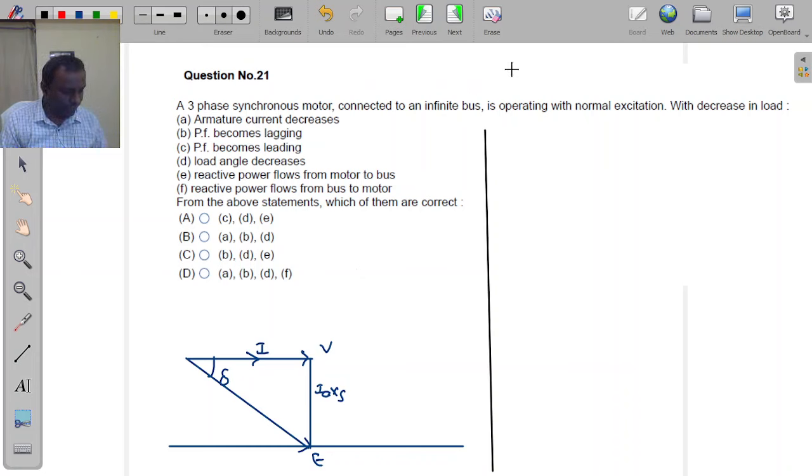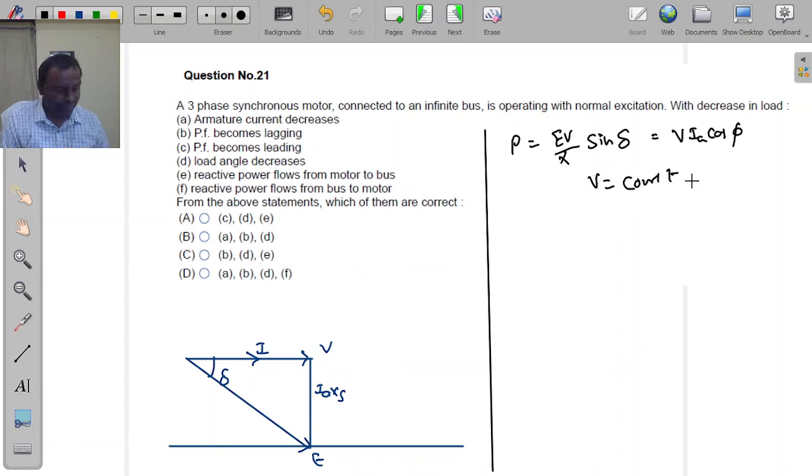The synchronous motor is connected to an infinite bus, right? So power is EV by X sin del. When connected to an infinite bus, V remains constant, and this will also become V IA cos phi. XS, the synchronous reactance, also becomes constant.